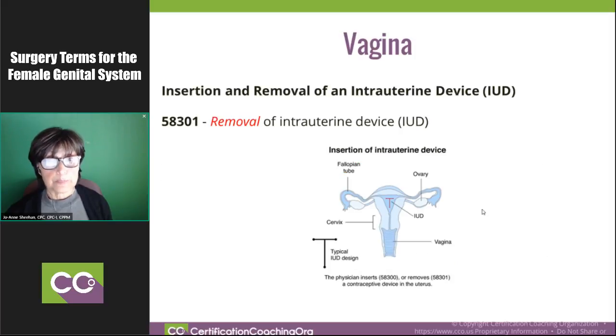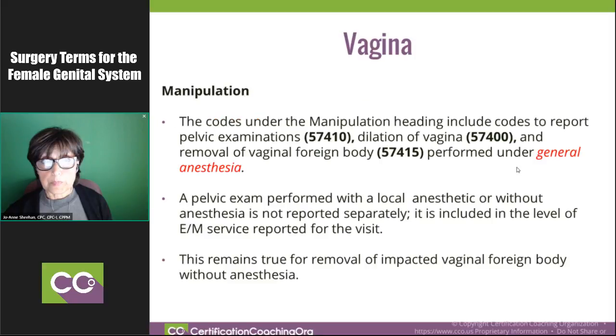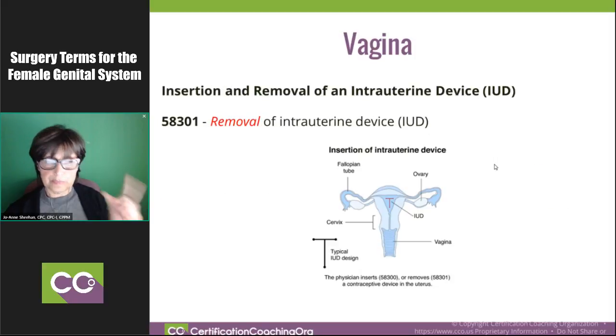Good call. Now, here we have the removal of the IUD, and that's the 58301, and it's basically the same thing, except you use the speculum, and then they go in and pull that out. So again, I have a scenario about removing the IUD.